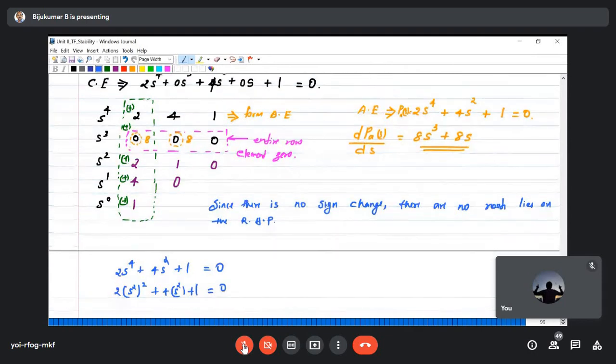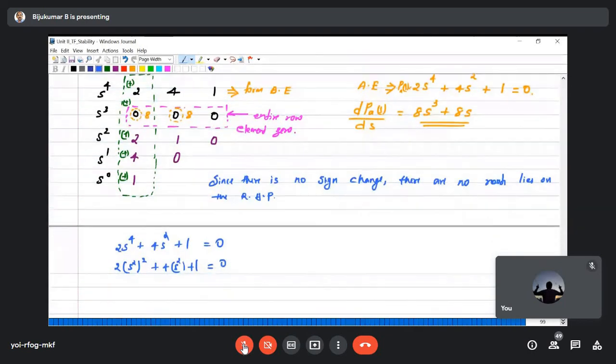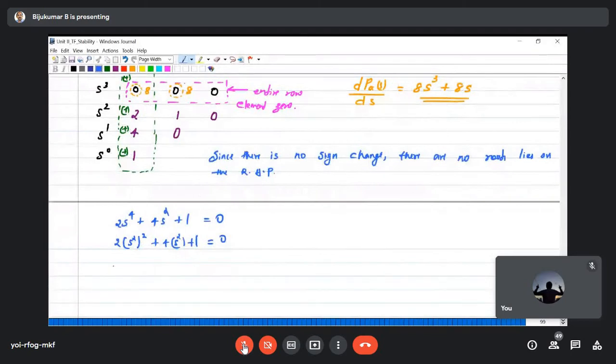We converted this 4th order to a 2nd order in s^2. If I solve this, s^2 = (-b ± root of (b^2 - 4ac)) / 2a. b^2 becomes 16, minus 4ac, 2 into 1, whole divided by 2a, 2 into 2 is 4.